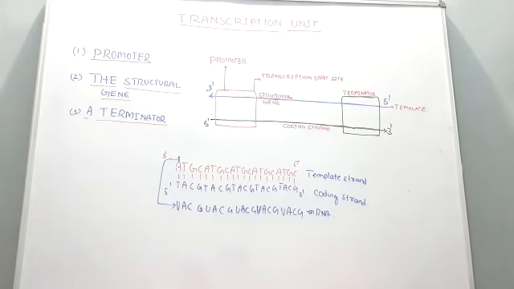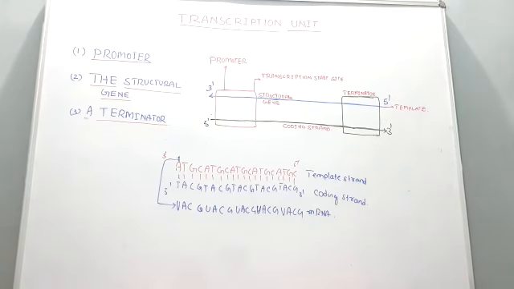So if the template strand has this nucleotide data, what will be the complementary base pairs that form the coding strand? The DNA has two strands, the template strand and the coding strand. If you know the template strand, we can predict the coding strand.